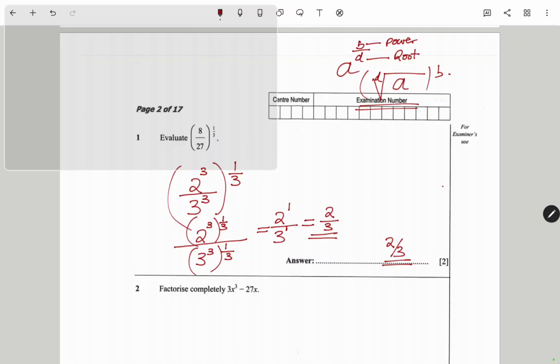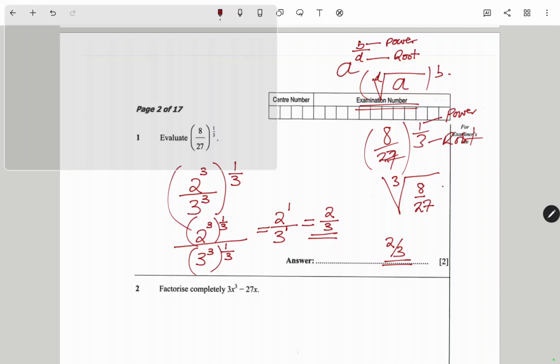So if you have 8 over 27, to the power 1 over 3, this 1 here becomes the power, and this 3 becomes the root. We can simply say this is equivalent to the cube root of 8 over 27. Now, what is the cube root of 8?